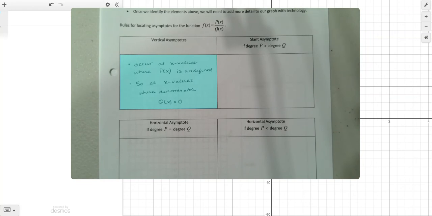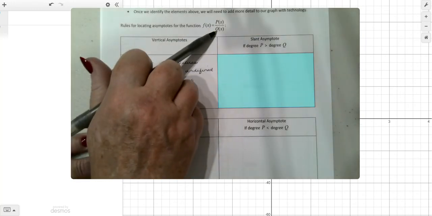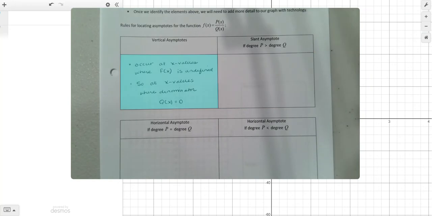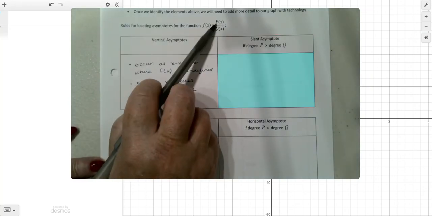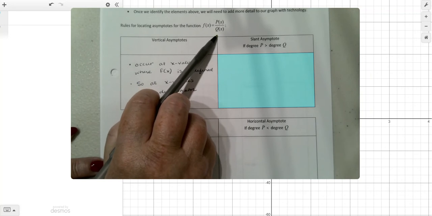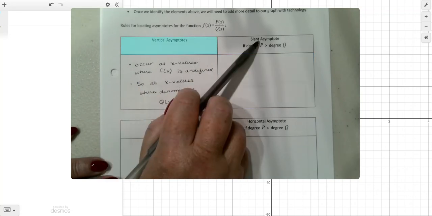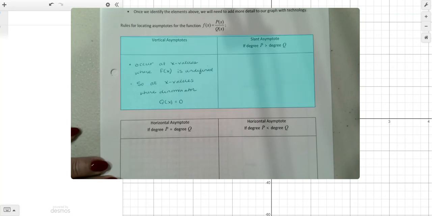The other two types of asymptotes, one we've seen, one not so much yet, all have to do with the degrees of p and q and how they relate to one another. If the degree of the numerator, p, is larger than the degree of q, we get what's called a slant asymptote.